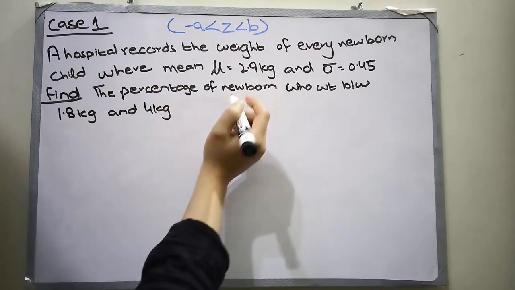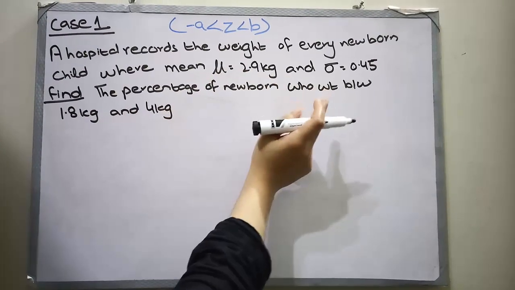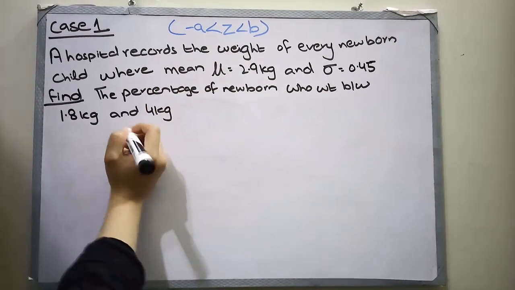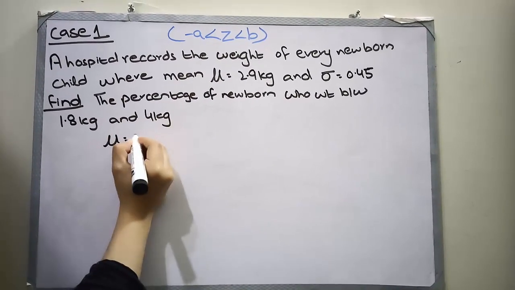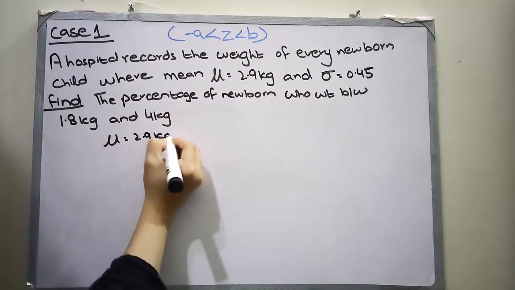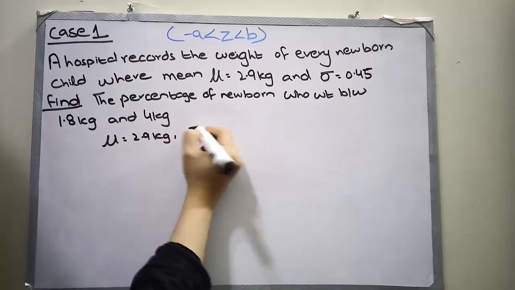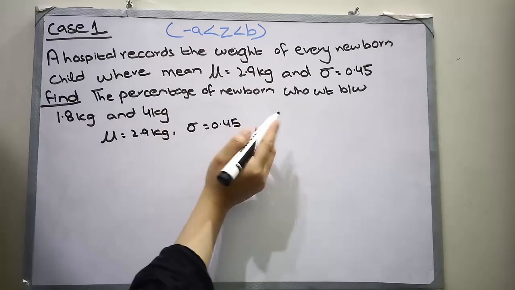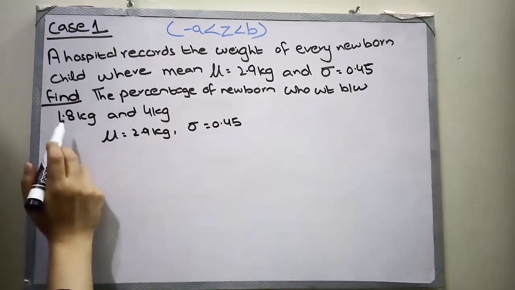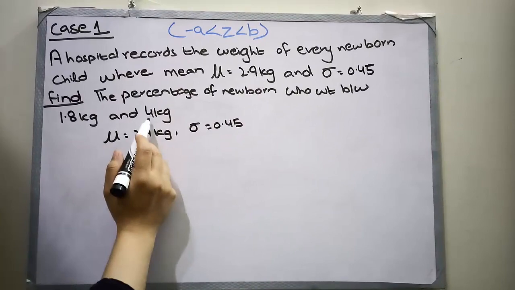So first of all we will write the data provided in this scenario. We have mean value 2.9 kg, we have a standard deviation 0.45, and we have to find the value between 1.8 kg and 4 kg.